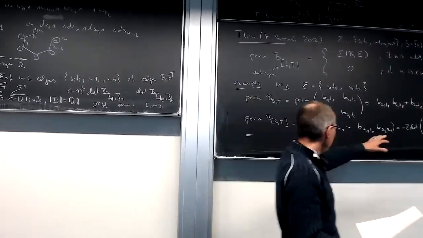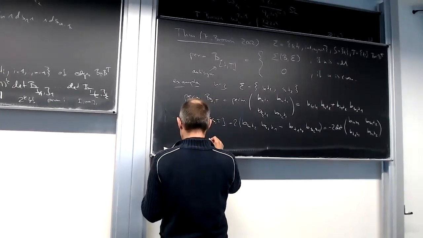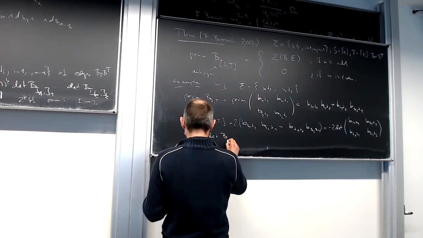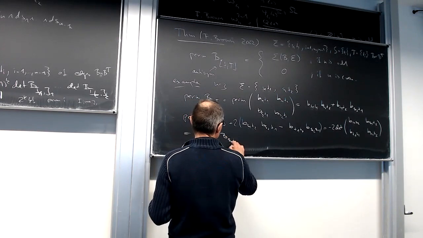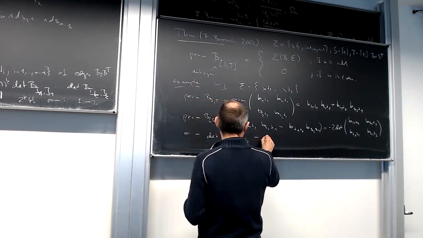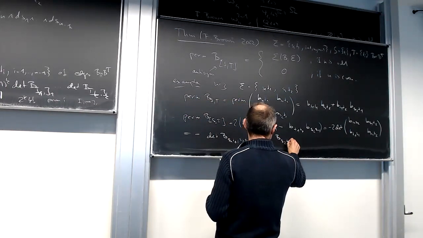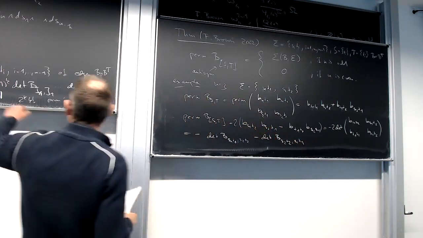So we have 2 terms here, and we write this as minus determinant B, first edge S1, T1, S2, T2, minus determinant B, S2, T2, and S1, T1. So these are the 2 sets.